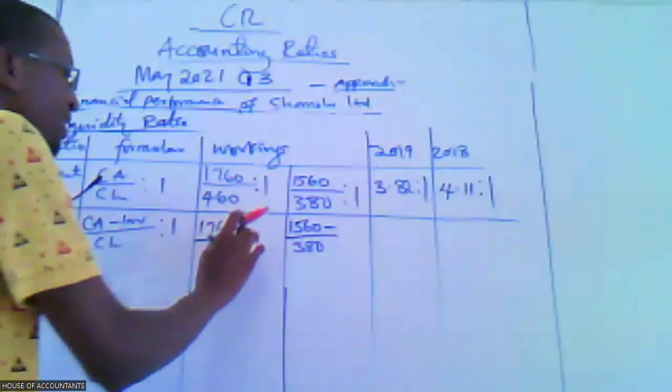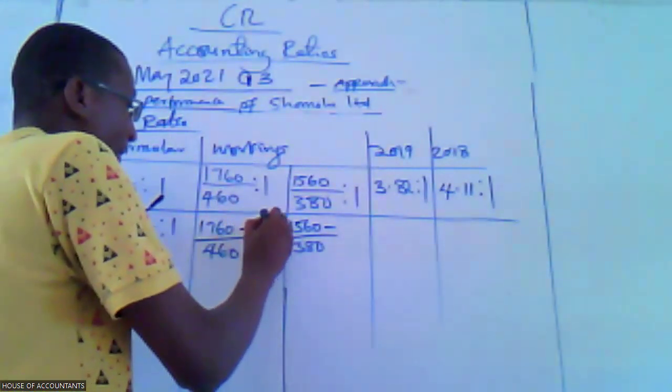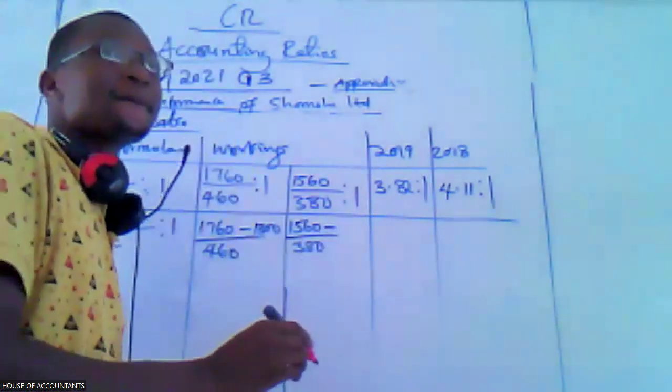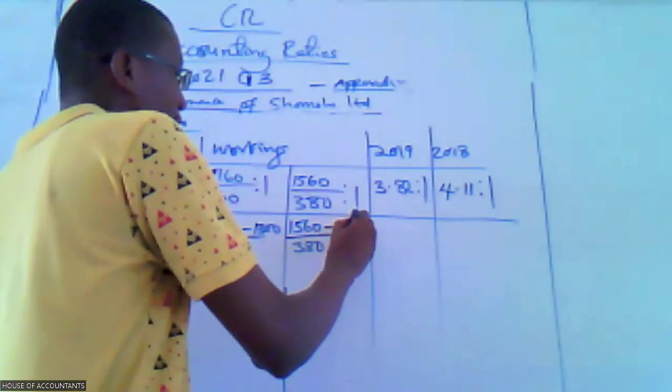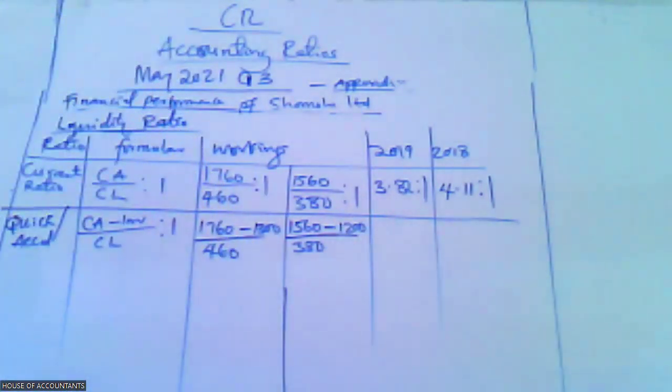What is our inventory in 2019? 1,3. What's our inventory in 2018? 1,2. So what will be the answer?